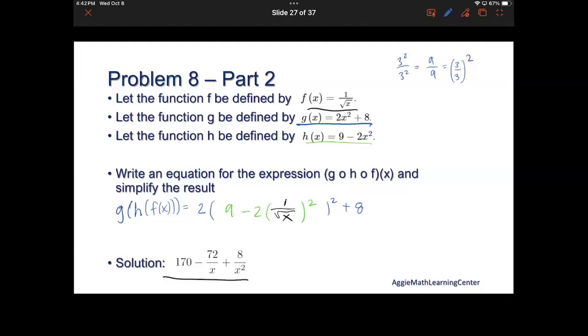So that's what I'm going to do here in the middle. 9 minus 2. 1 squared is 1, and x squared is x. Or sorry, square root of x squared is x. Right. And that's still inside squared, and that's 8. Following? Okay. So next thing. That's 2 times 1 over x.